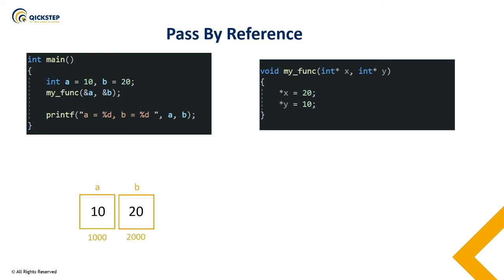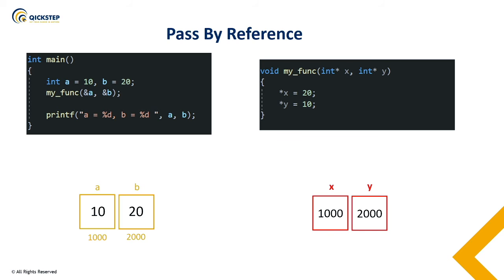So I'll have a pointer variable x which will hold the memory location 1000, and a pointer variable y which will hold the memory location 2000. We have passed 1000 and 2000 to the function, and we have taken that in the pointer variables x and y.